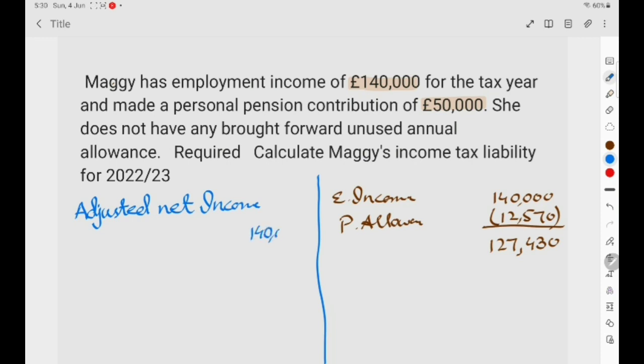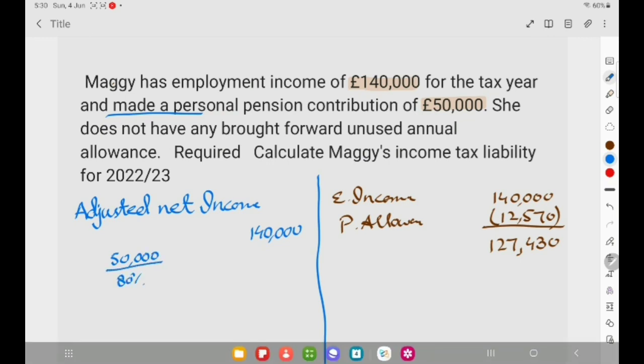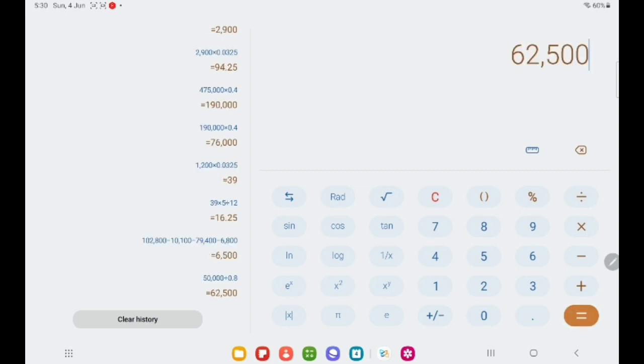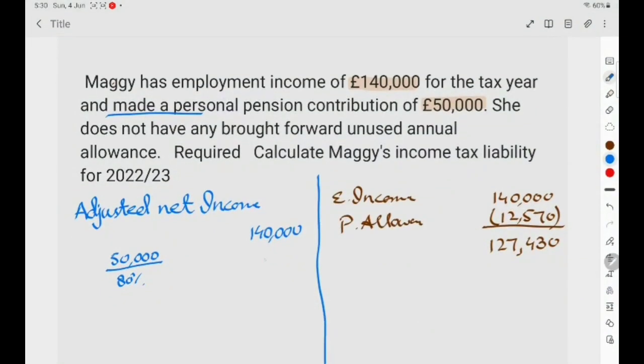1,40,000, and from this we have to deduct the gross amount of 50,000. Maggie made a contribution, so it is a net amount. To make it gross, we have to divide 50,000 by 80%, and 50,000 divided by 80% gives you 62,500.